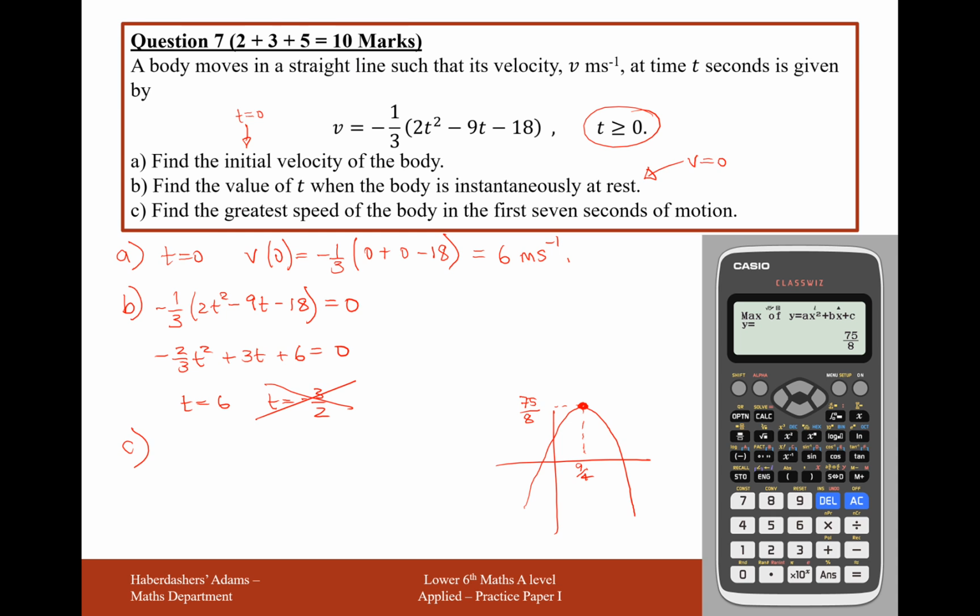Okay, I don't think the question is going to want us to do it that way, because it is giving 5 marks away for this question, so I don't think tapping a few buttons on the calculator is going to get us those marks. So find the greatest speed. When we find the greatest speed, this time acceleration is going to equal 0.